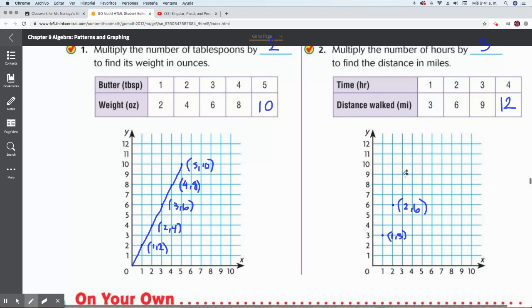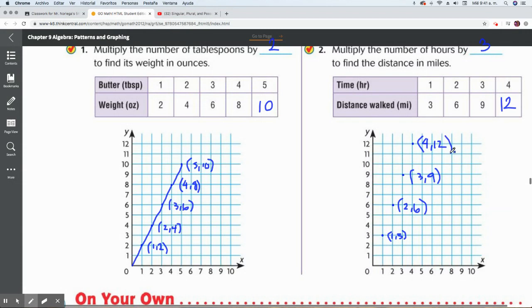Then 4, comma 12, which is right here, the very last line. Don't forget to label it 4, comma 12. Then the last step would be to connect these points with a line segment.